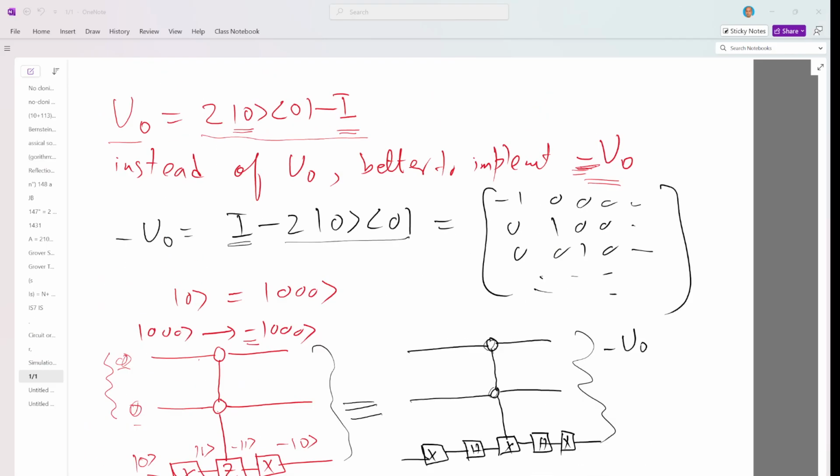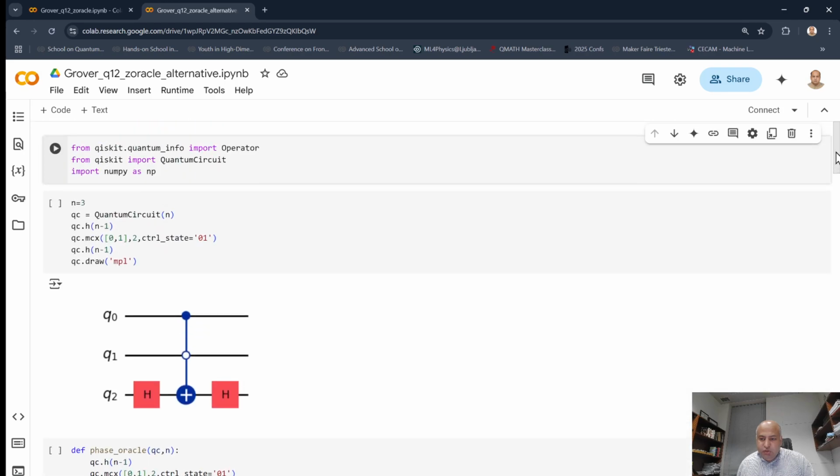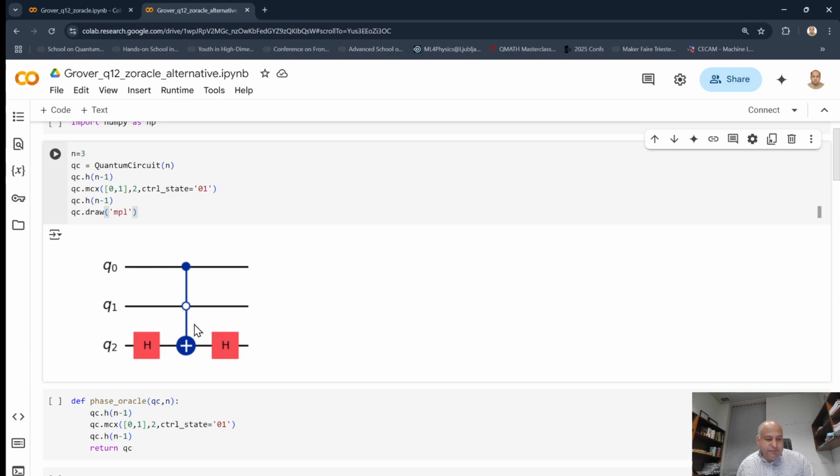So let's go to Qiskit. Alright, so let me walk you through the circuit that I have implemented. Essentially I have this UF implemented for this 3-qubit circuit, and this is for state 101, and you can see that I specified it with this 1 and 0.